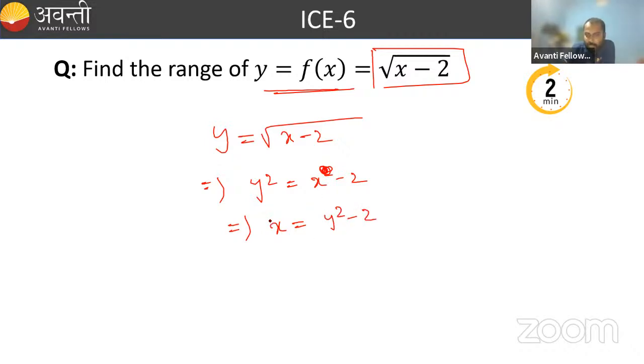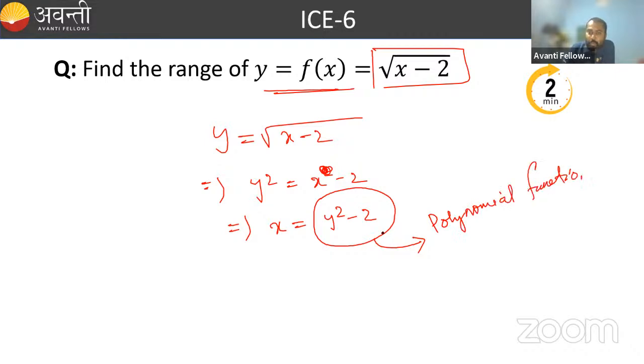So now x is a function of y. Y square minus 2 is a polynomial function, and for this function the domain is R. So for all real values of y, x is defined.